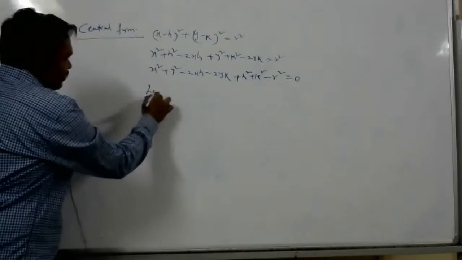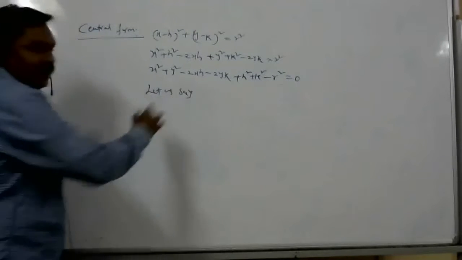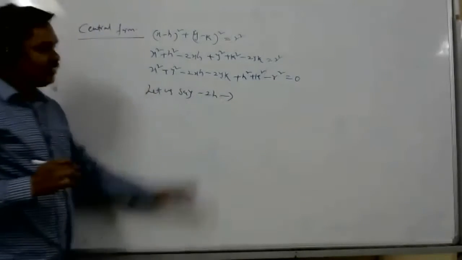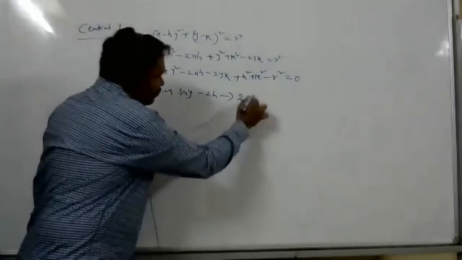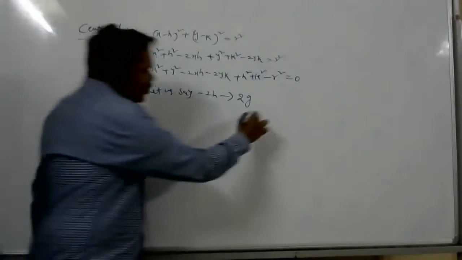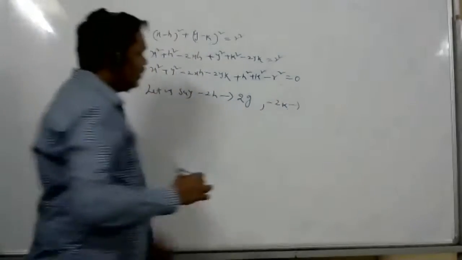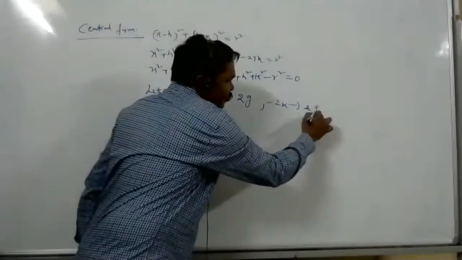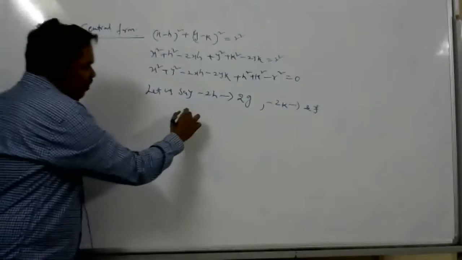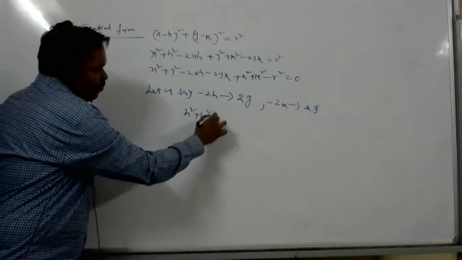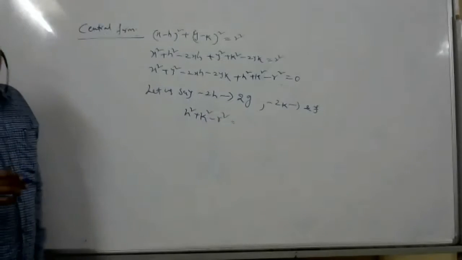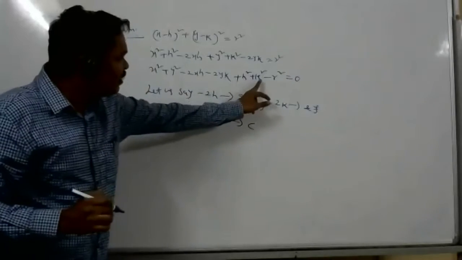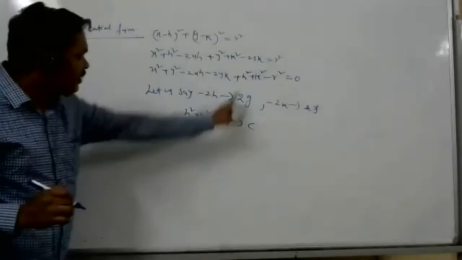Let us say minus 2h in place of 2g, and minus 2k in place of 2f, and h square plus k square minus r square in place of c.